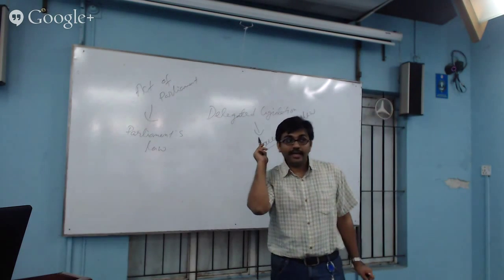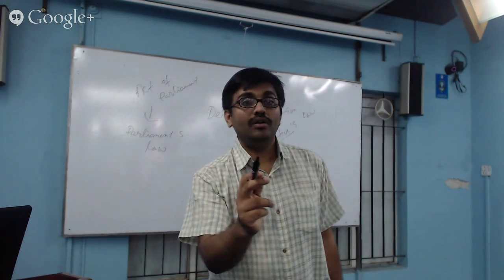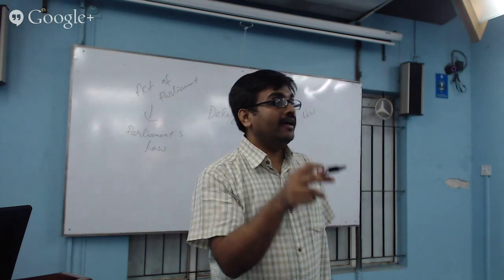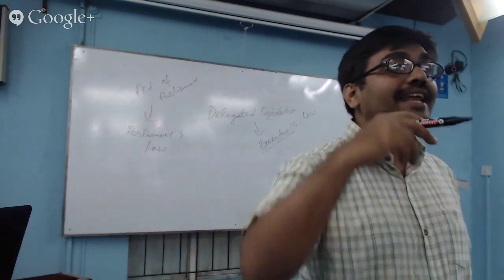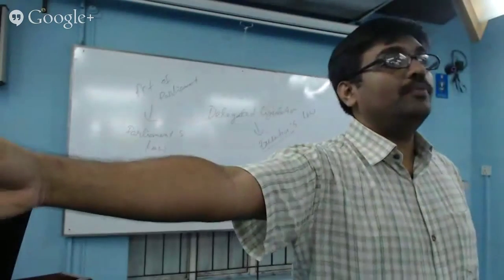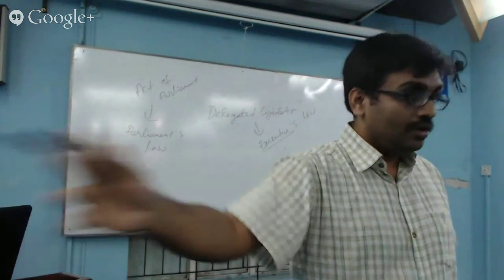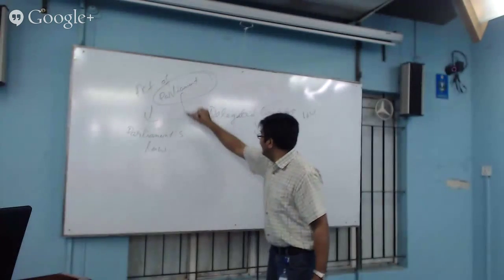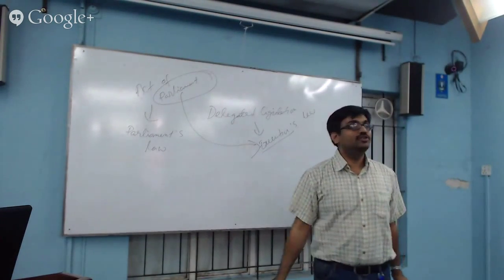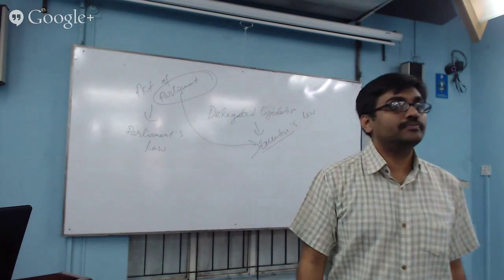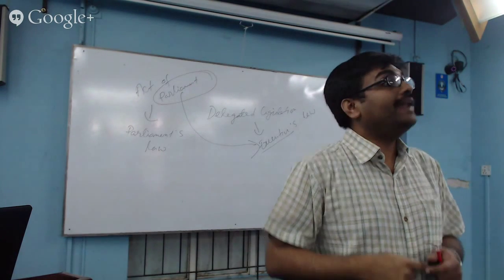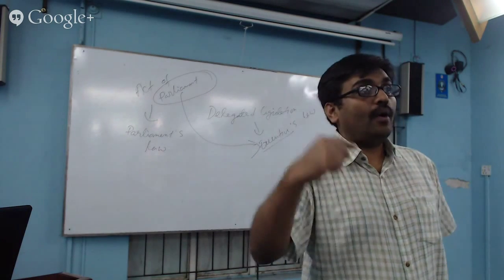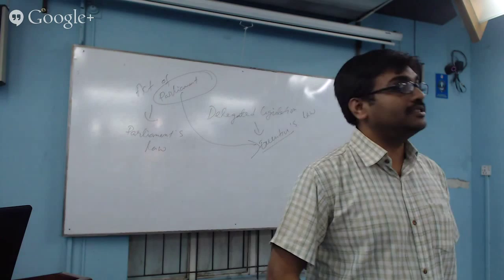This body can only make law when the Parliament has delegated its lawmaking power to that body. So who gave the power to whom? The Parliament delegated the power to the executive. And that's the reason when the executive makes the law by that power, we call it delegated legislation.